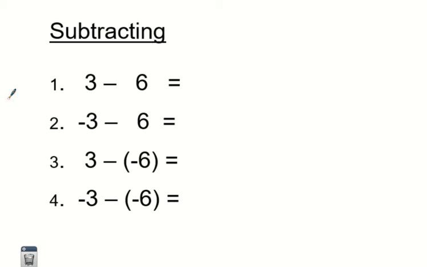We're getting smaller than 3, we're moving to the left. We're going to end up at negative 3. Negative 3 minus 6. If we're at negative 3 and we subtract 6, and we get even more negative, 6 by 6, we're going to end up at negative 9.